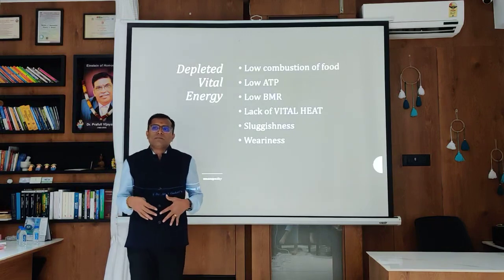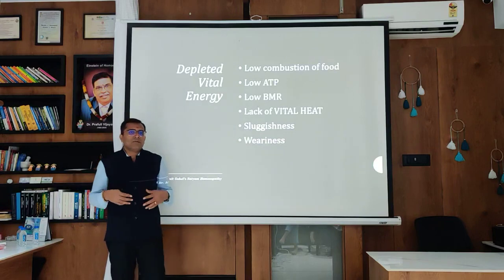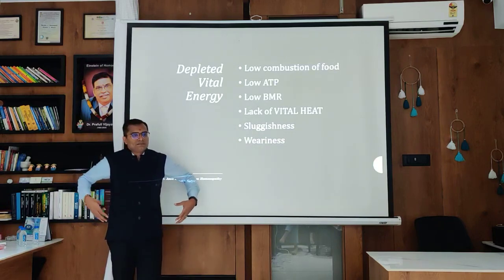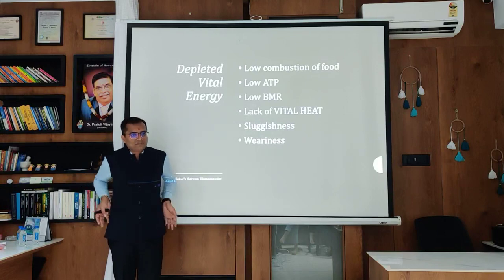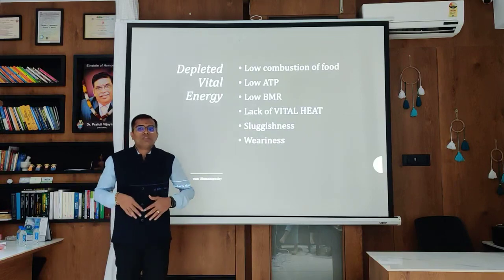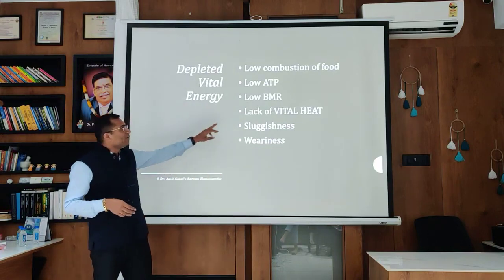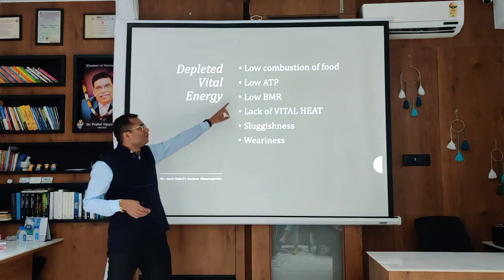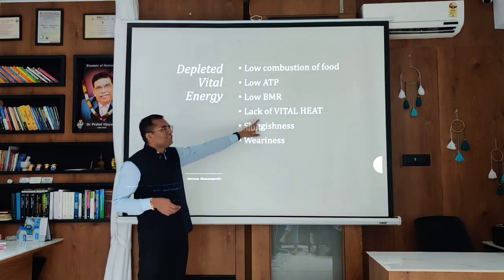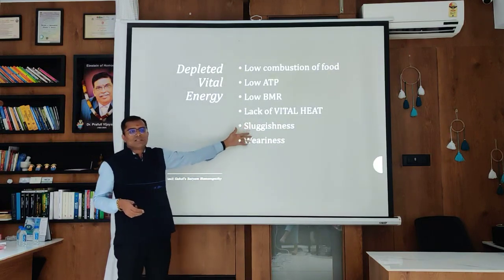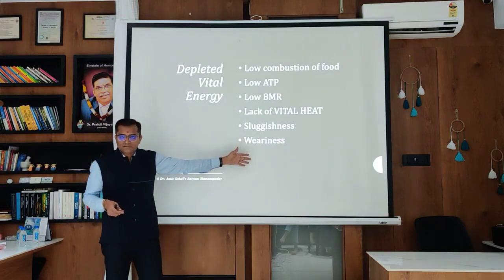When the basal metabolic rate goes down, what happens? The body starts accumulating fat. So they go into roundedness, obesity, fattiness. Low BMR, low ATP, the vital heat is low, and that finally leads to sluggishness and weariness.